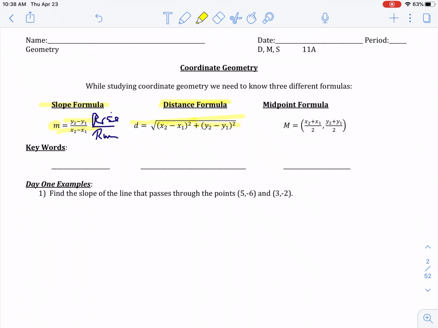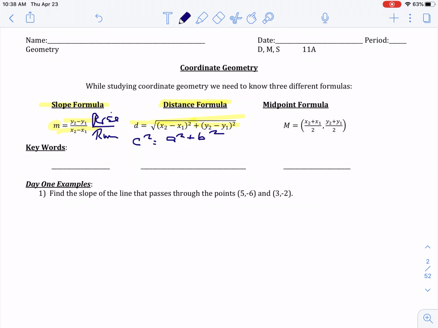As we start using this, we'll talk a little bit more about it. It's really a version of the Pythagorean theorem, right? So if I said Pythagorean theorem is a squared plus b squared equals c squared, let's write that as c squared equals a squared plus b squared, okay?